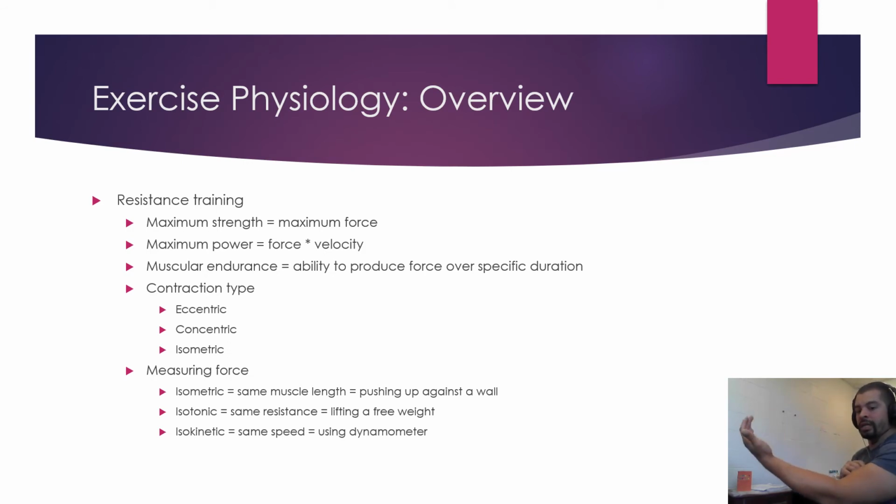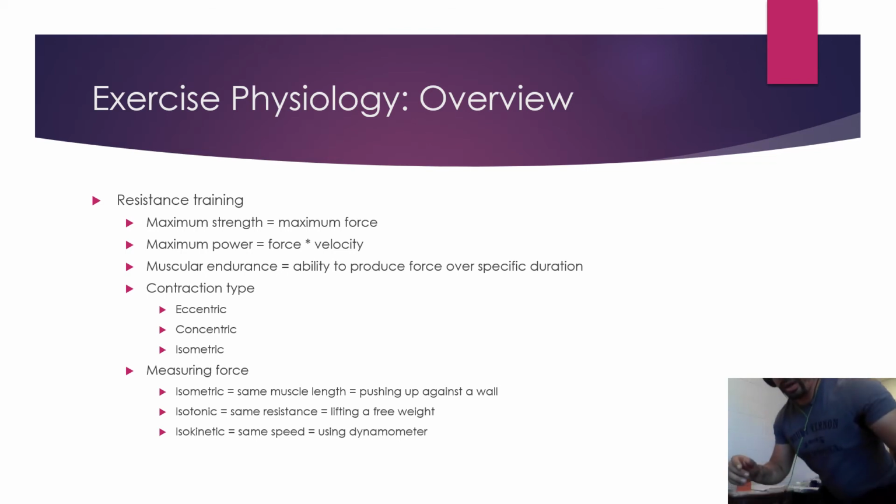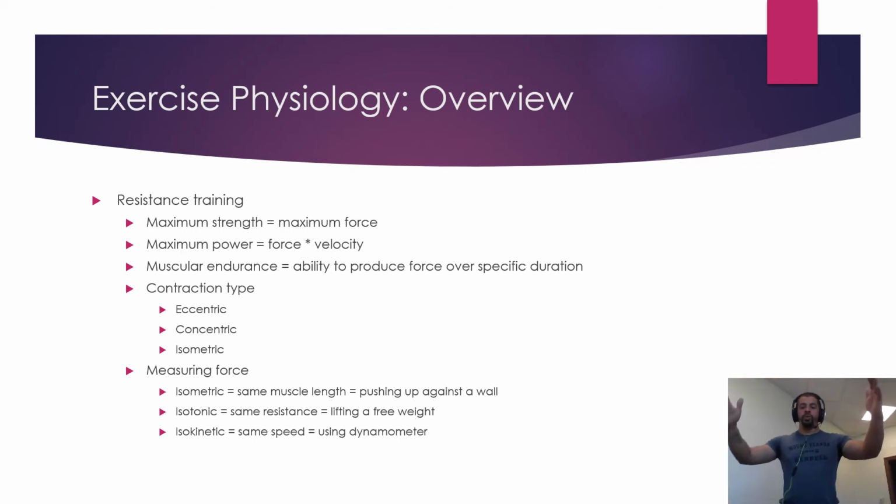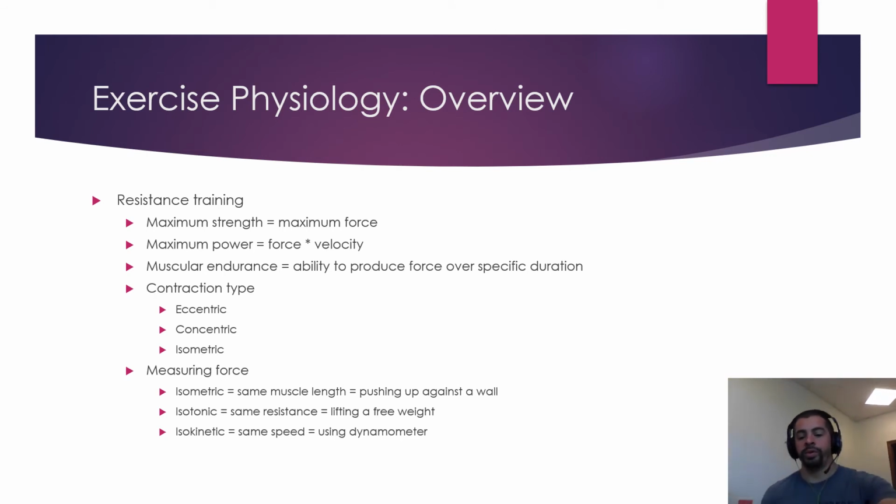So eccentric, concentric. If I was squatting, lowering is eccentric, and as I push up out of the squat, I am doing the concentric portion. Isometric is slightly different than the other two. Isometric is exerting an equal amount of force against an object.